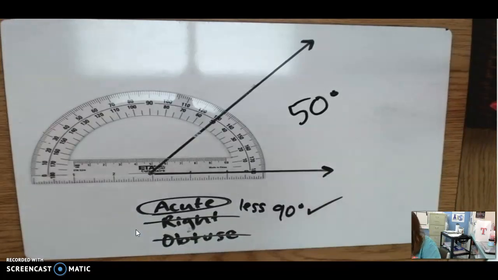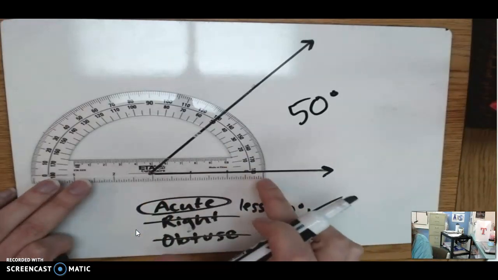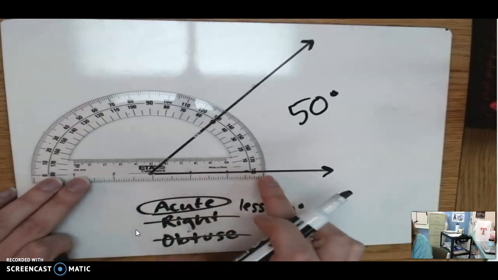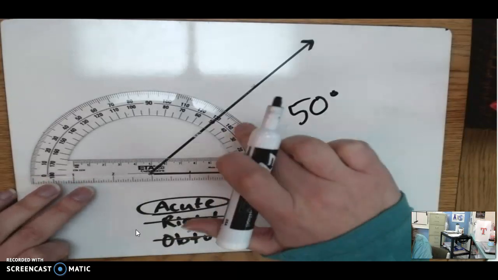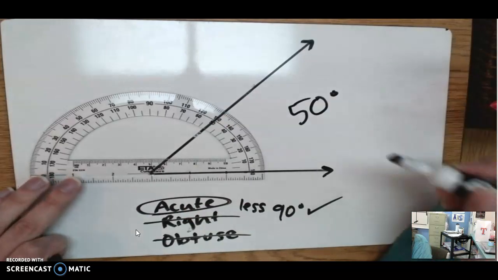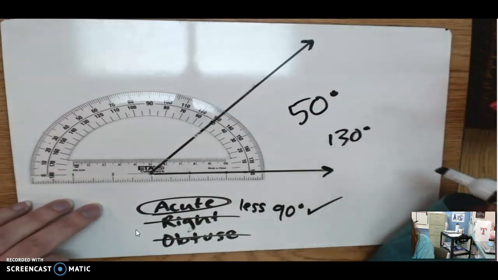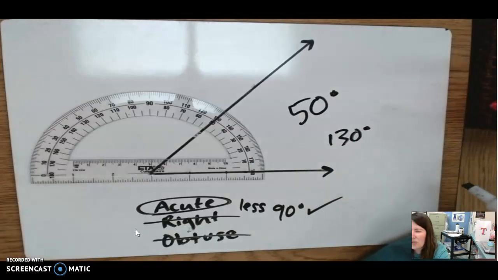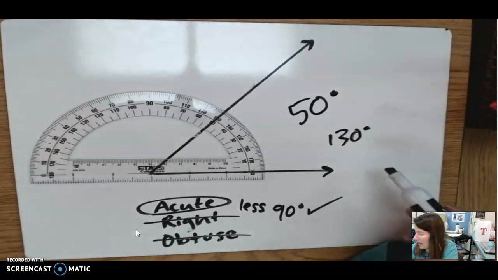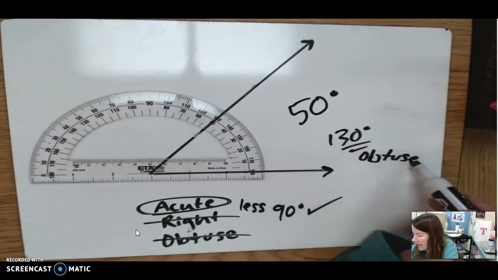Now say you set it up perfectly, but you forgot to use the inside edge and you accidentally used the outside edge. And you said, oh, look, there's 130 right here. So I think this angle is 130 degrees. Now, is that reasonable? Does that make sense? 130 is way more than 90. That would have to be an obtuse angle.